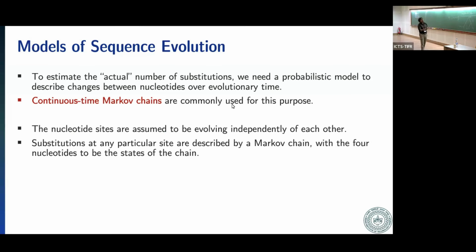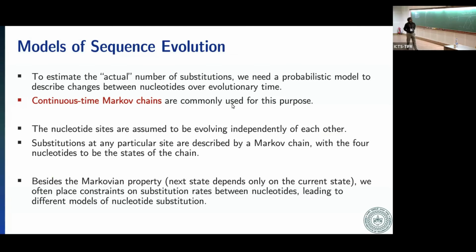This is a simplifying assumption. We have to make it, otherwise we'll just blow up the computation and will not get anywhere. Secondly, we are saying that substitutions at any particular site are described by a Markov chain, where there are 4 states, and the 4 states correspond to the 4 nucleotides, A, C, T, and G.